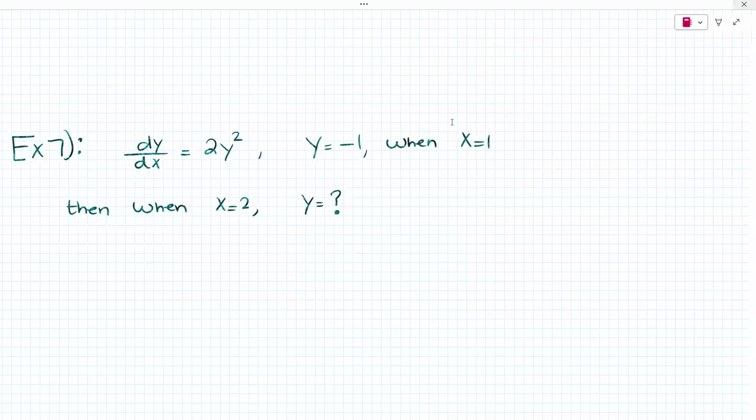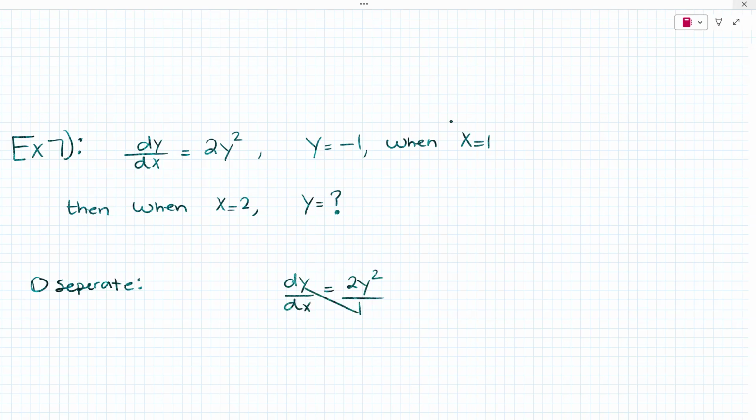So what I would do is step 1, separate. It's going to be dy over dx equals 2y squared. Go ahead and cross multiply.